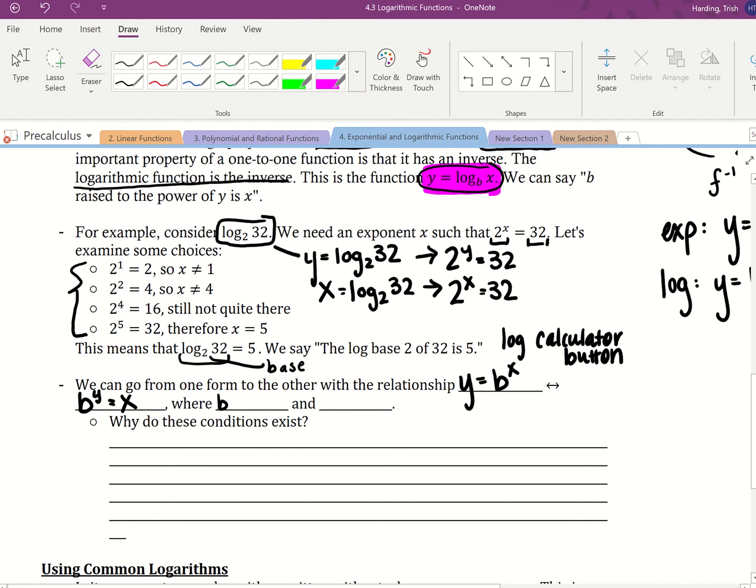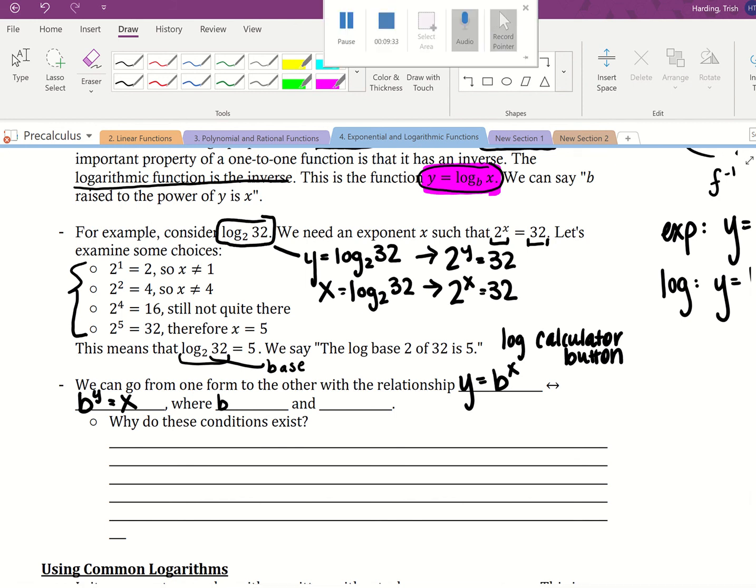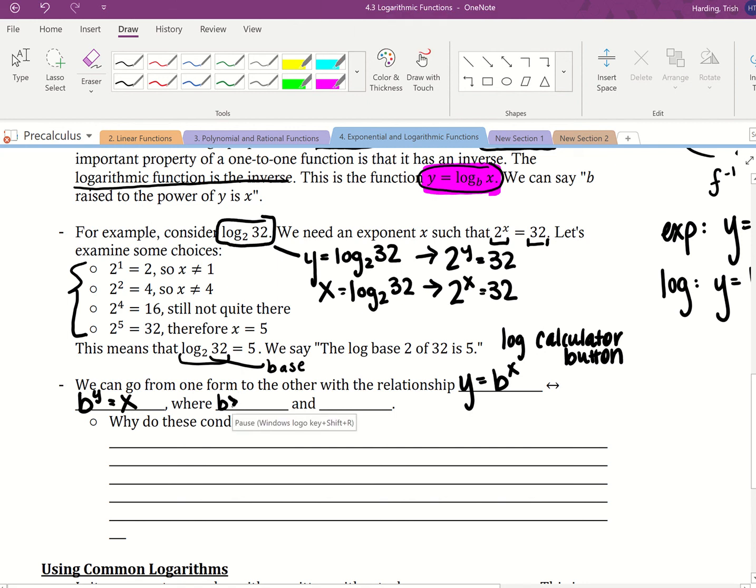So b has to be greater than 0, and it cannot be equal to 1. So we cannot take a negative logarithm.